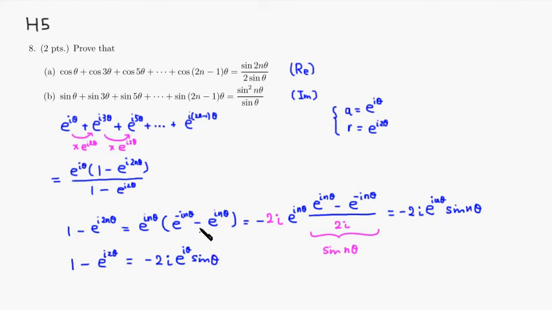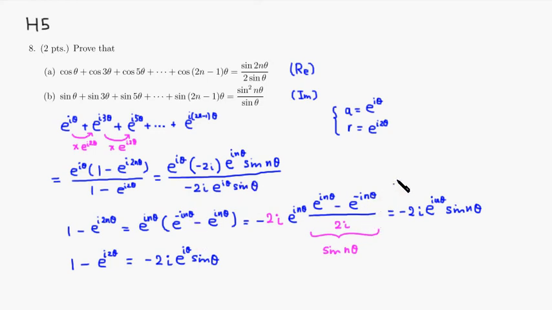So you end up with e to the i theta times negative 2i e to the i n theta sine of n theta, divided by negative 2i e to the i theta sine of theta.